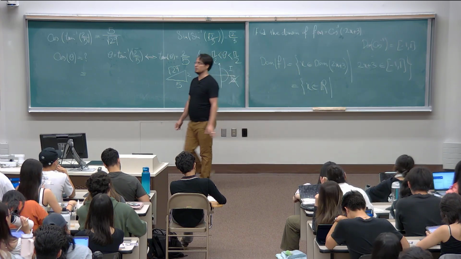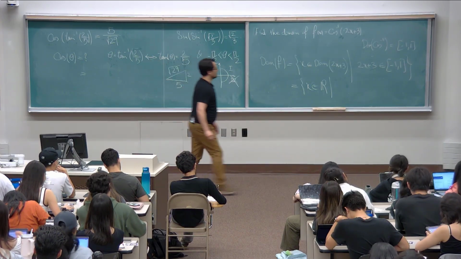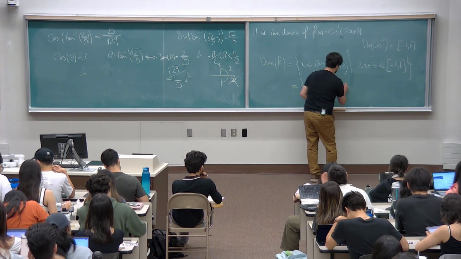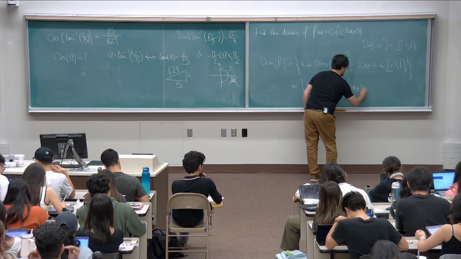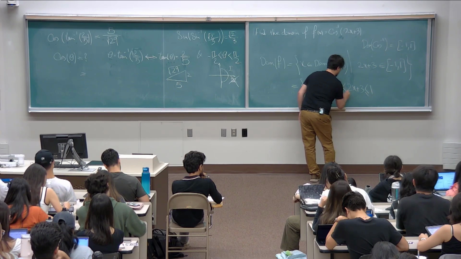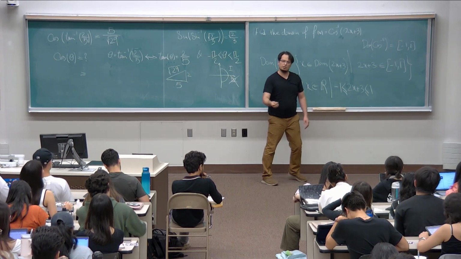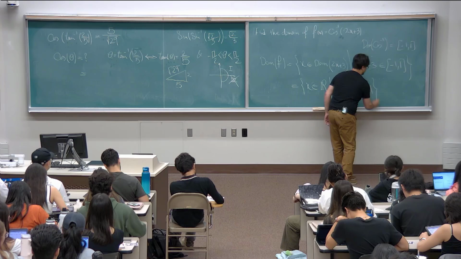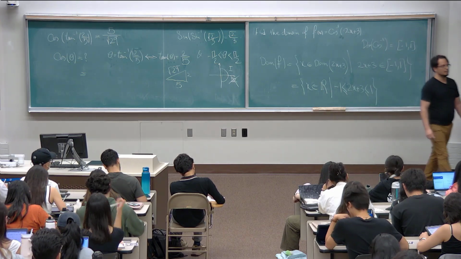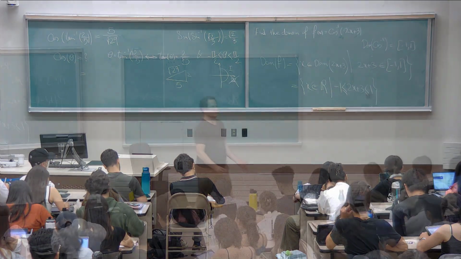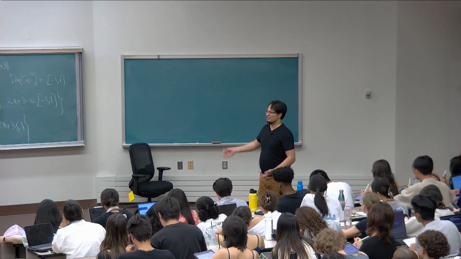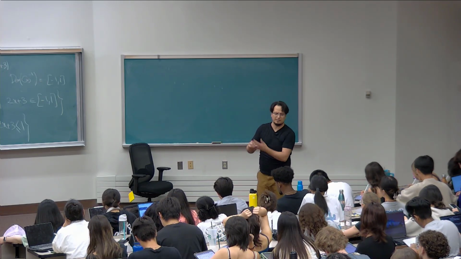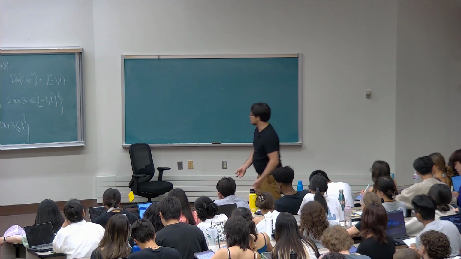We have to figure out the other one. In other words, we have to figure out for what values of x, 2x plus 3 is between -1 and 1, including both ends. Yeah? And then you try to solve it. This is an easy inequality. Actually, you don't need the sign table, but you can use the sign table for this one as well.